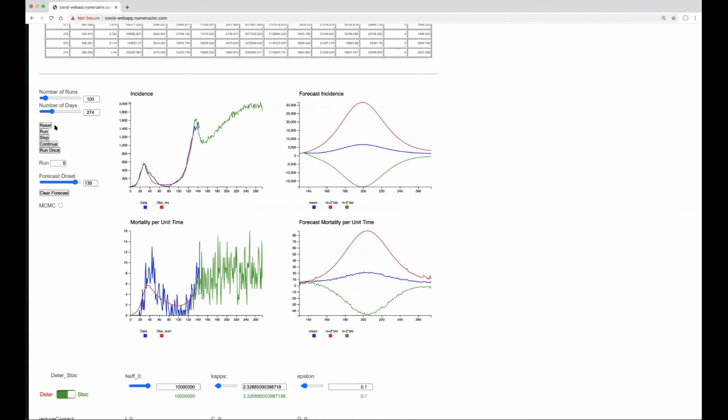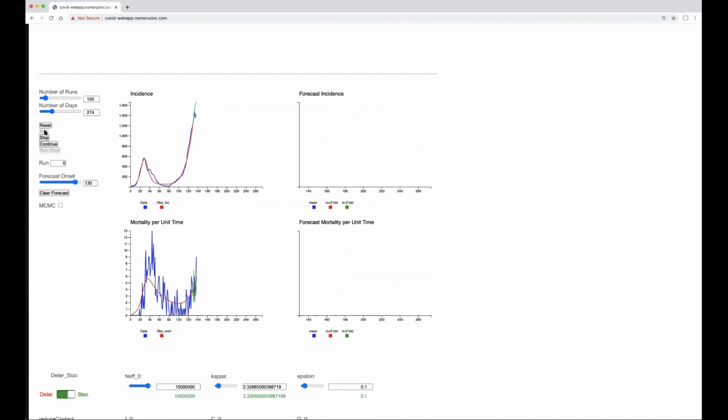In order to have a look at this variation and plot the mean and plus or minus 2 standard deviations, we have to do a number of runs. So instead of running once, we're going to run 100 times. And when we run 100 times, we'll start to build up a cone of solutions that are likely to fall within the mean plus or minus 2 standard deviations on either side.